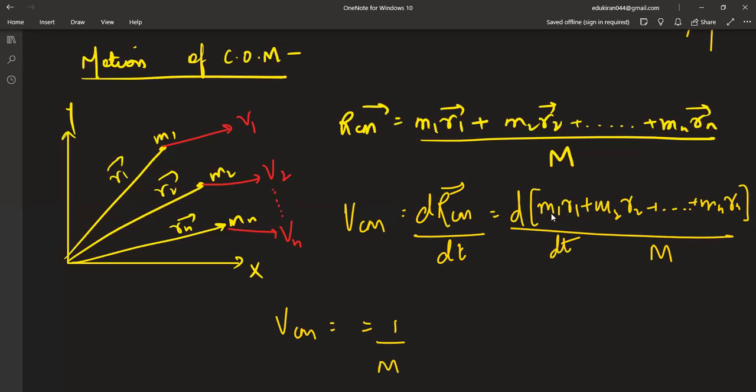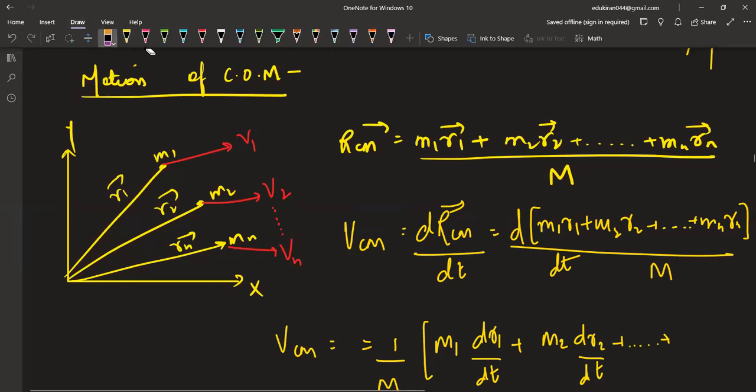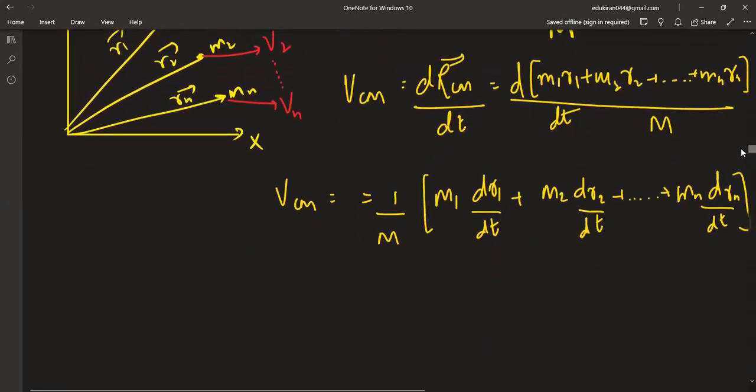When we differentiate, m1 is a constant term, so it will come out. What we'll be left with is dr1 over dt, then plus again m2 will come out, dr2 over dt. Like this up till mn comes out, then drn over dt.